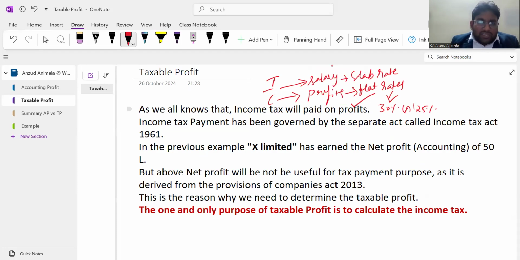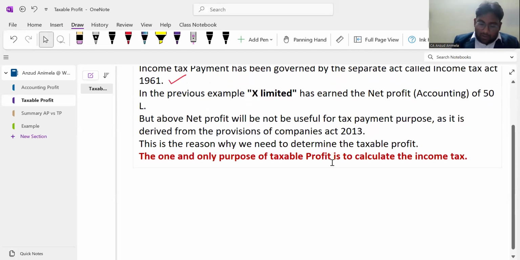Now this income tax payment is governed by a separate act called the Income Tax Act 1961. When you maintain the books of accounts, which act will you apply?